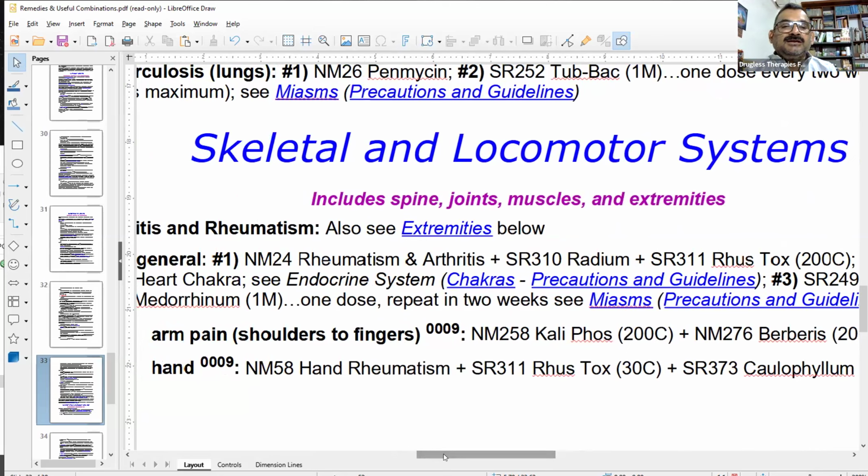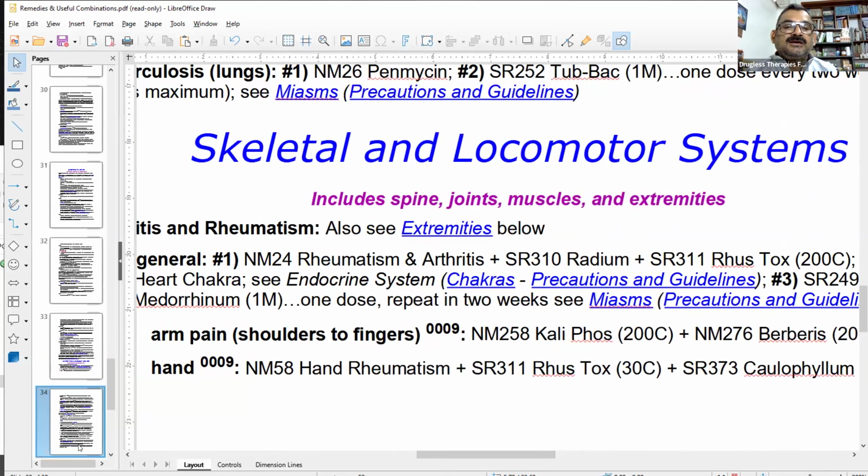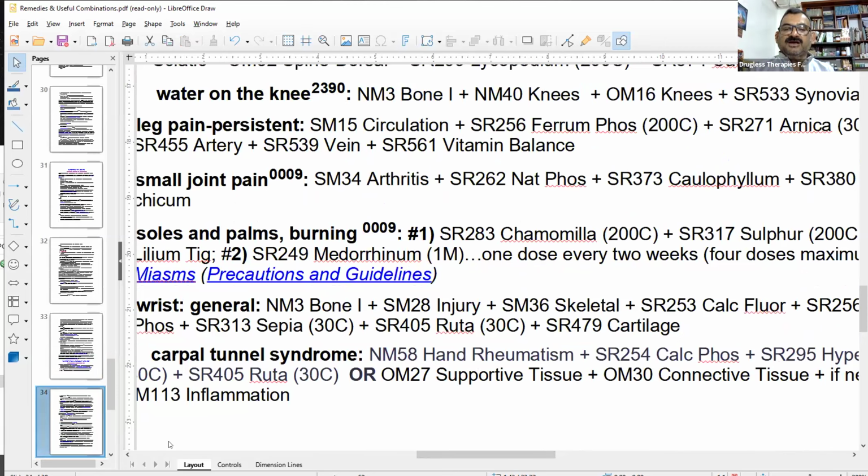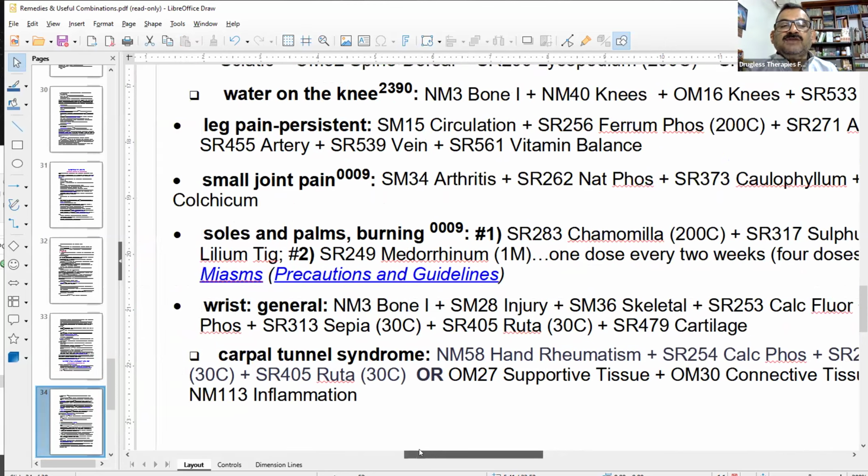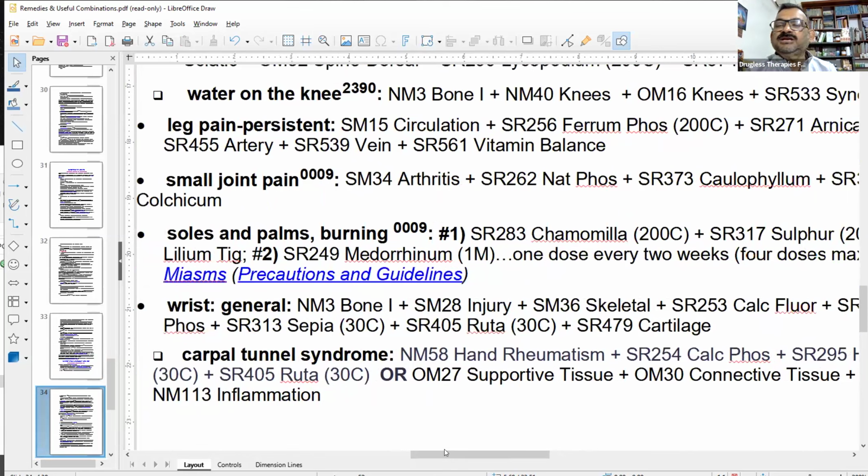So that covers the system. I prefer you should start with this, and the select remedy was from Bishwambar Das.